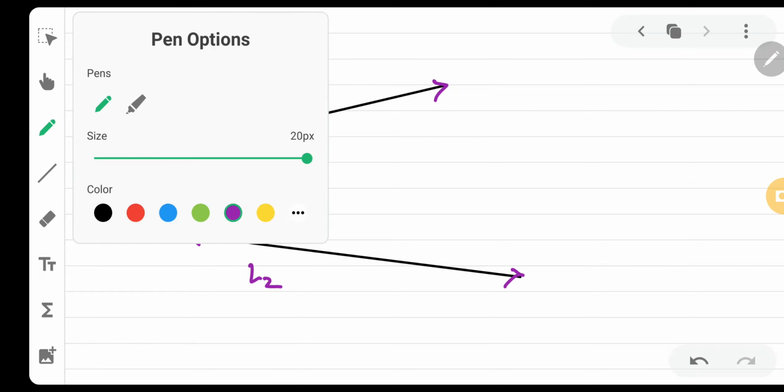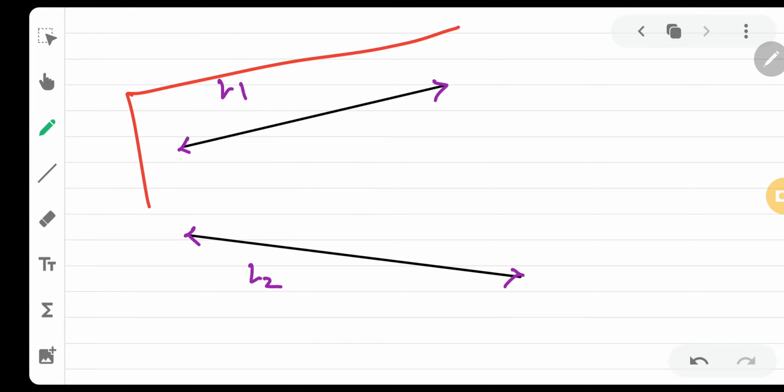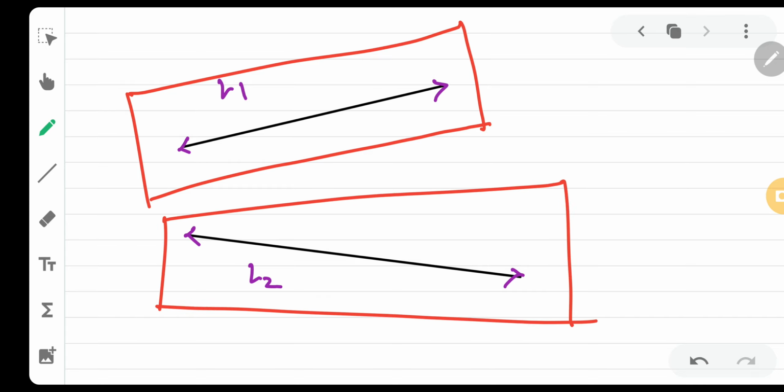So let me draw that plane to be very precise. Suppose this is the plane for this particular line. So basically these two lines are not intersecting each other and they are also not parallel to each other, right?